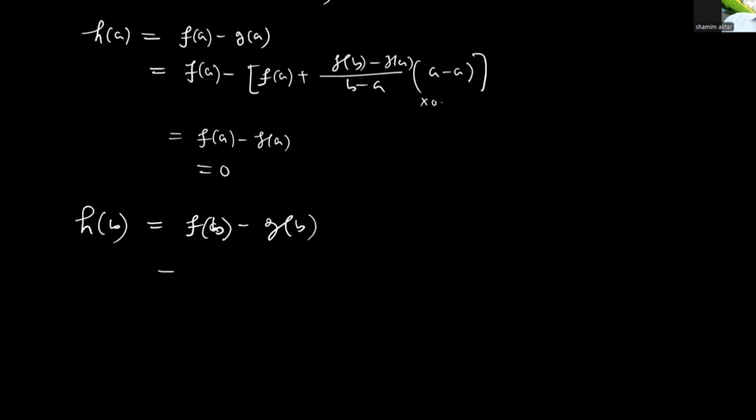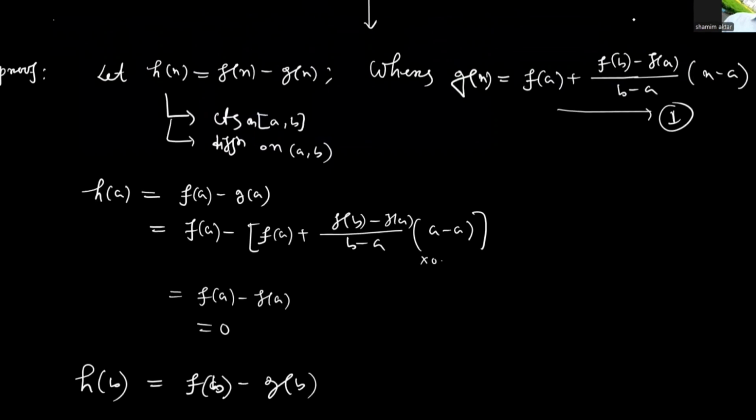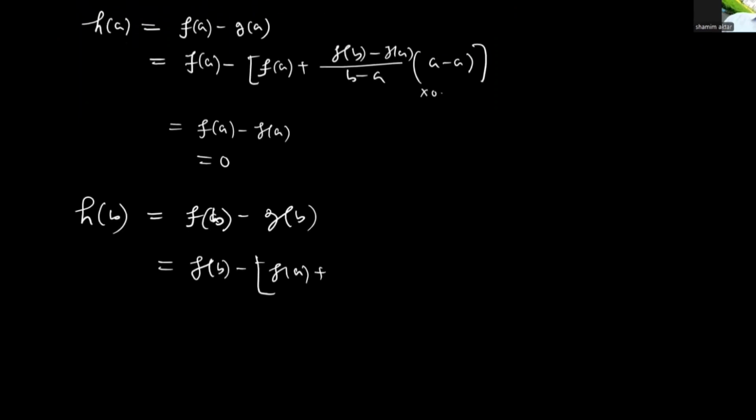That is equal to f(b) minus, from 1, f(a) plus, replacing x equal to b, (f(b) minus f(a)) divided by (b minus a) times (b minus a).